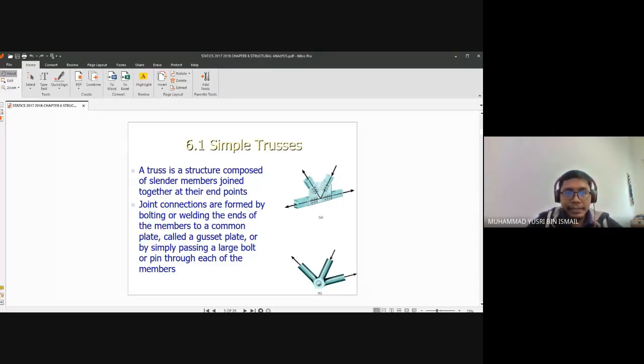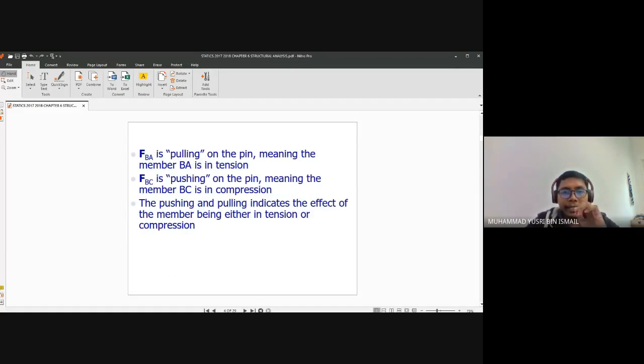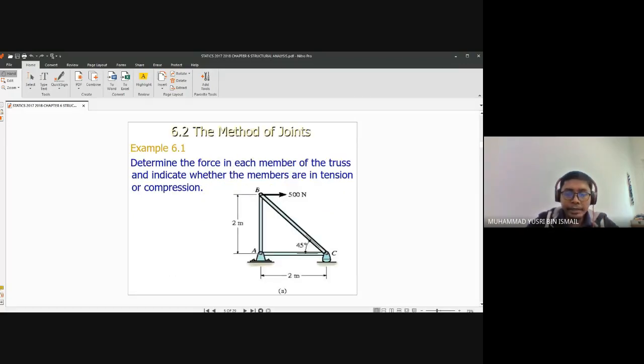So trusses are basically a combination of truss members.